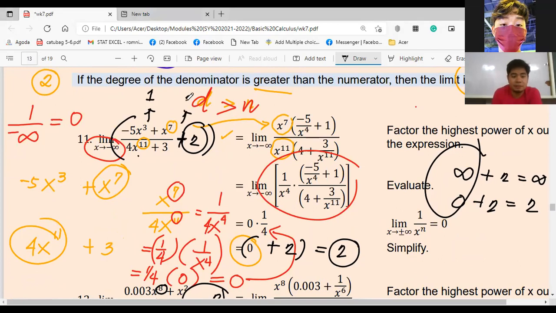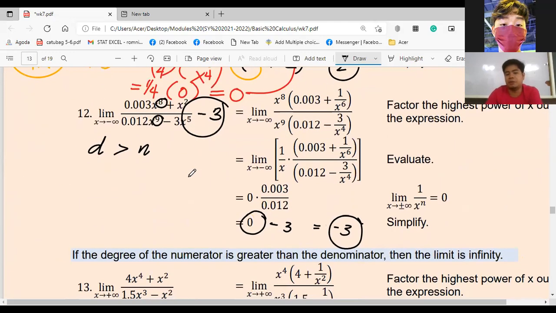This is the second term. Kung nag-add ka ng 2, ang ginagawa ni first term, nagsi-0 siya. Pero si second term, constant. Walang pagbabago sa kanya. So, 0 plus 2 will become 2. Okay? Tulad din yan, number 12. Kunwari, nag-subtract ako ng 3, then the answer is negative 3. However, if I remove negative 3 as we go back to the original problem, then that must be simply 0.